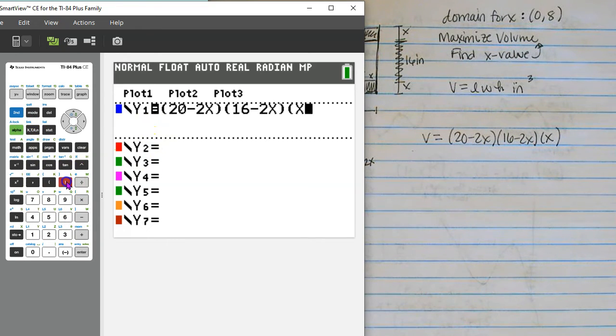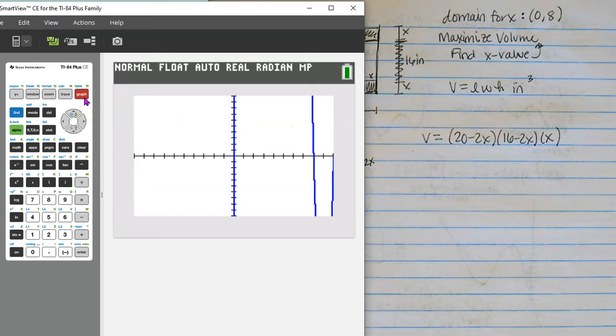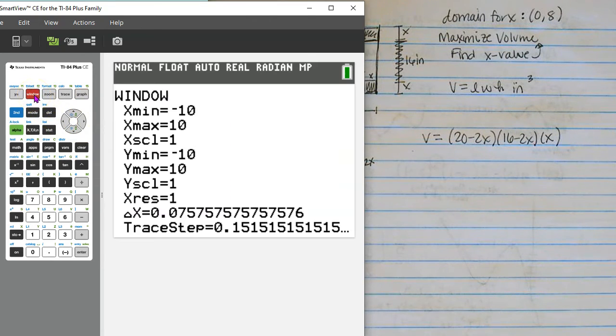So it is a cubic. It has x times x times x. And when I graph it, I can't really see it because it looks like straight lines. So let's zoom out. Let's change the window to be the x value, negative 10 to 10. That covers my 0 to 8.